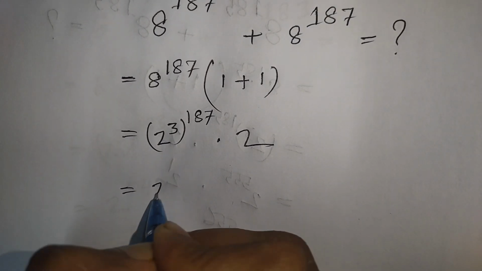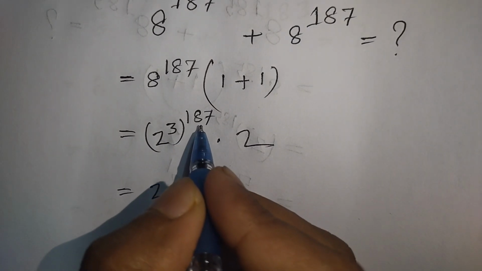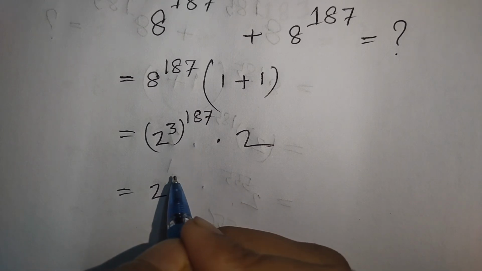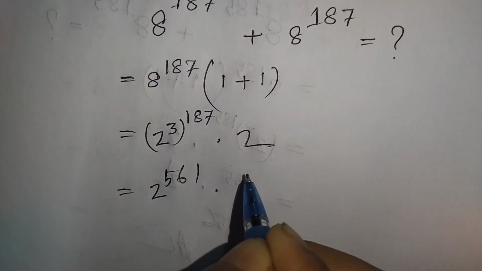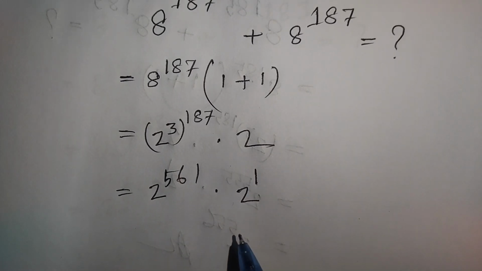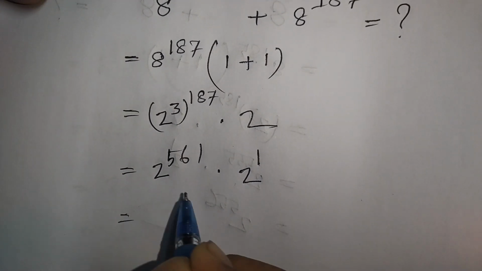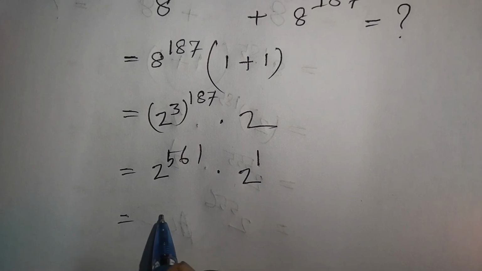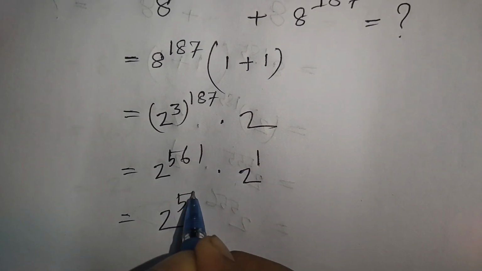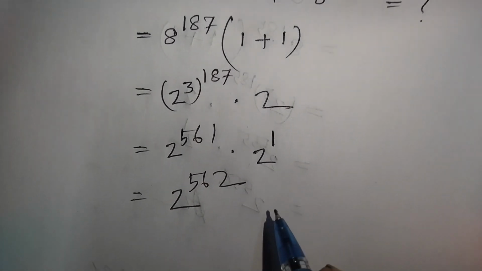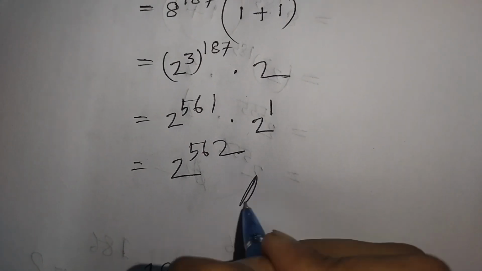Now 2 to the power 3 times 187, that means 561, times 2 is same as 2 to the power 1. Now we see that 2 same base but different powers, so we can write here 2 to the power 561 plus 1, that means 562. So 2 to the power 562 is the correct answer.